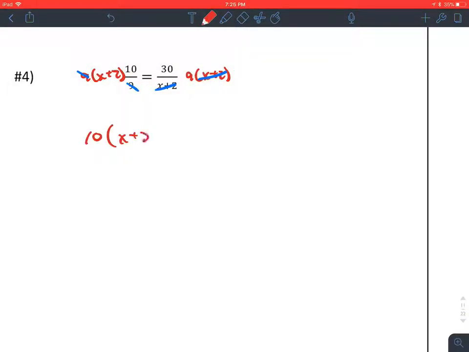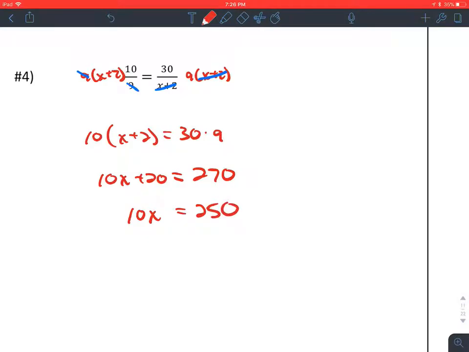On the left, I get 10 times the sum of x and 2. On the right, I get 30 times 9. If I distribute the 10 using the distributive property of equality for real numbers, I get 10x plus 20. On the right, multiply 30 times 9, I get 270. If I subtract 20 from both sides, I get 10x is 250. Thusly, x is 25.